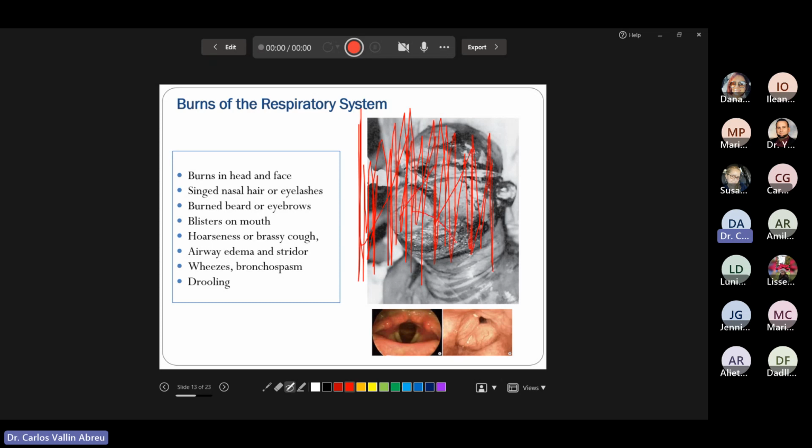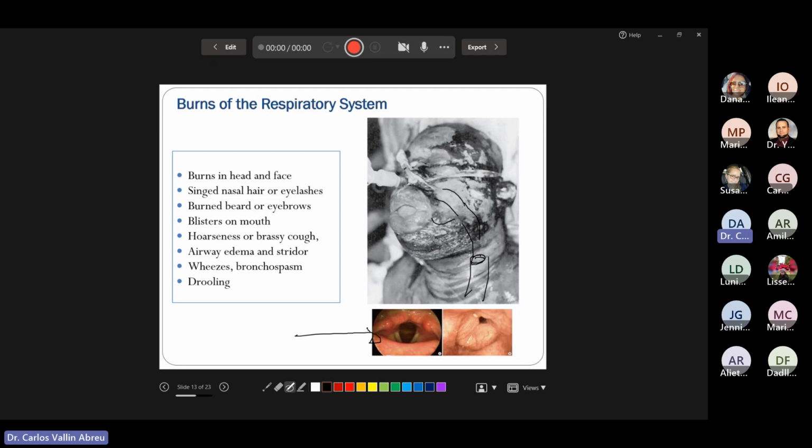And the heat of the flames can penetrate the airway. Remember that the airway is this whole communication that exists from the mouth and the nose, oral and nasal cavity, pharynx, and the entrance of the trachea.